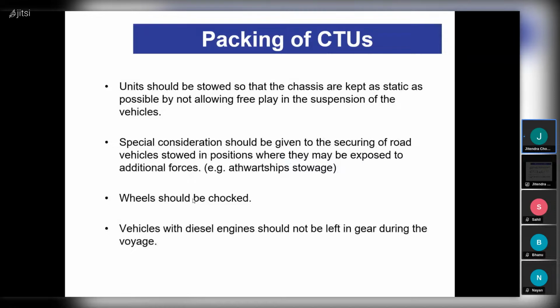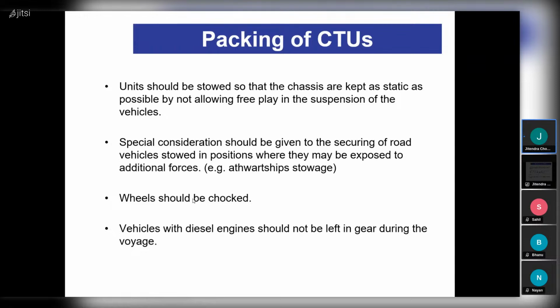Chassis, like car wheels, should be kept static. Generally you have the eyes for putting the twist locks, and otherwise you have to secure it properly as per the cargo securing manual and the lashing arrangement in that ship.